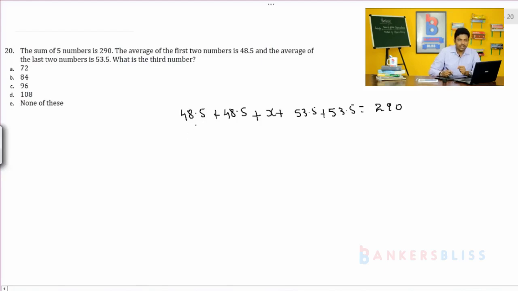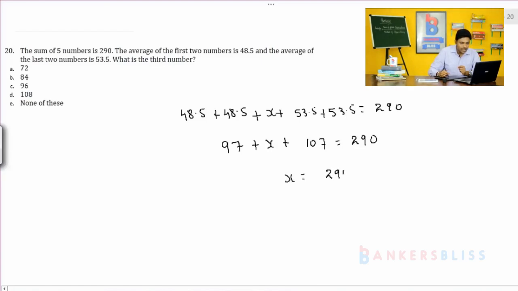So 48.5 plus 48.5 is altogether 97, plus x, plus 53.5 plus 53.5 is 107, equal to 290. So 107 plus 97 is 207, minus 3, 204.